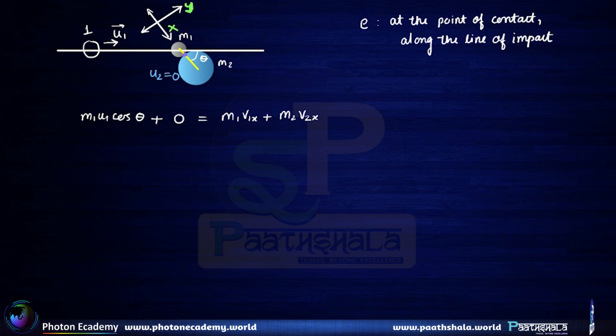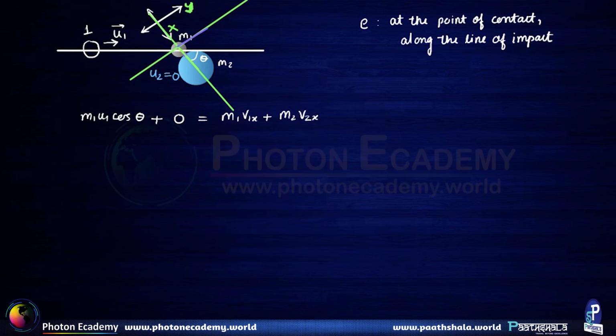Similarly, the momentum is also going to be conserved along the perpendicular direction to the collision. So in the perpendicular direction only the mass m1 will go, because the mass m2 has been impacted along the line of impact. So the mass m2 will necessarily go along the x-axis as shown. Here the mass m1 is the only one that is going to have a velocity component along the chosen y-axis.